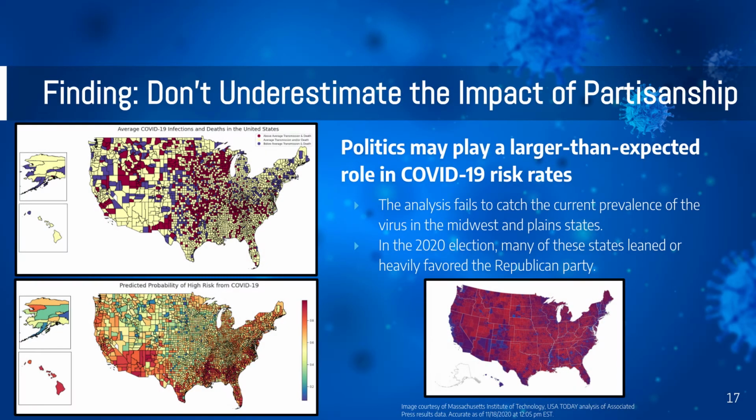However, when we look at the map, we see that this doesn't catch the current prevalence of the virus in the Midwest or the plain states. I have a hunch that this leads to our first finding, not to underestimate the impact of partisanship. In the 2020 election, many of these states and counties leaned or heavily favored the Republican Party, which has made this a very partisan issue.